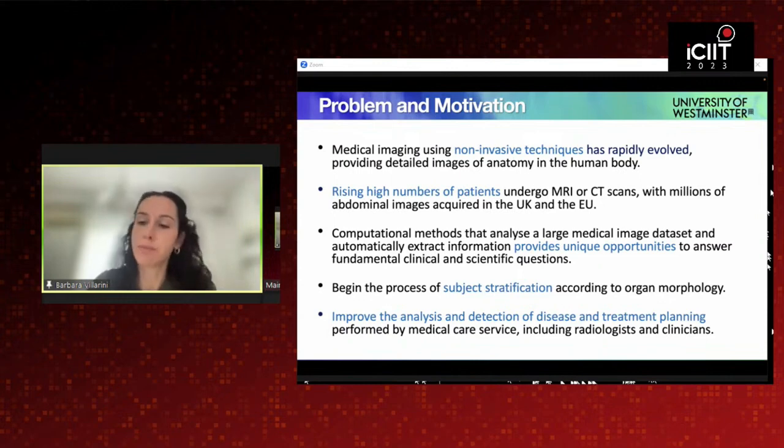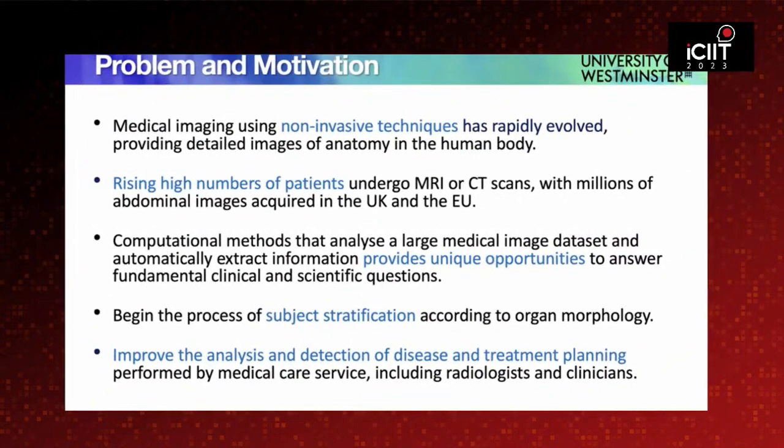You know that now we have detailed images of the anatomy of the human body, and the number of patients that undergo MRI, CT scans is incredibly high. You need to think that we acquire millions of abdominal images in the UK every year.